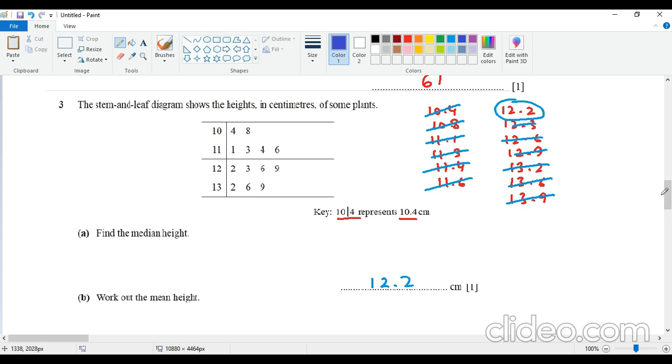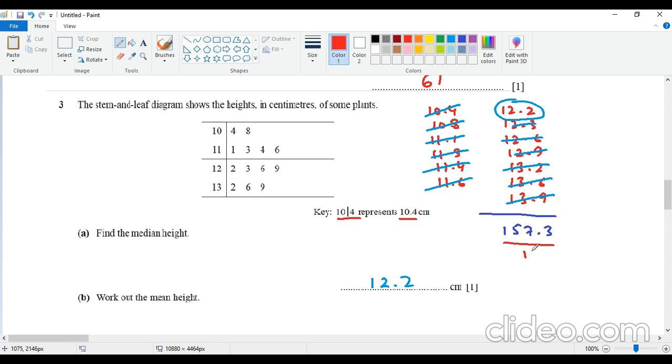Now work out the mean height. Mean is the sum of all the numbers divided by the number of numbers. So when you add all these numbers, it's going to be 157.3, and there are 1, 2, 3, 4, 5, 6, 7, 8, 9, 10, 11, 12, 13 numbers.